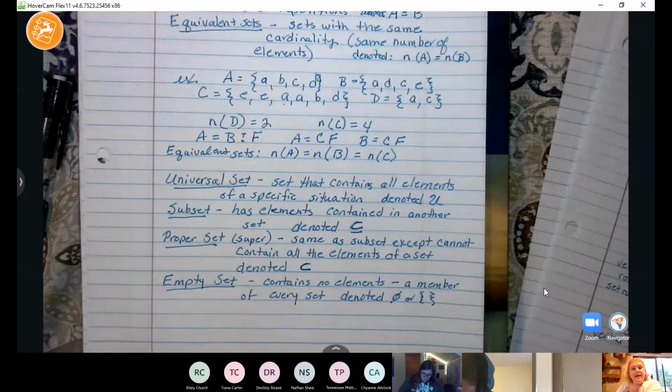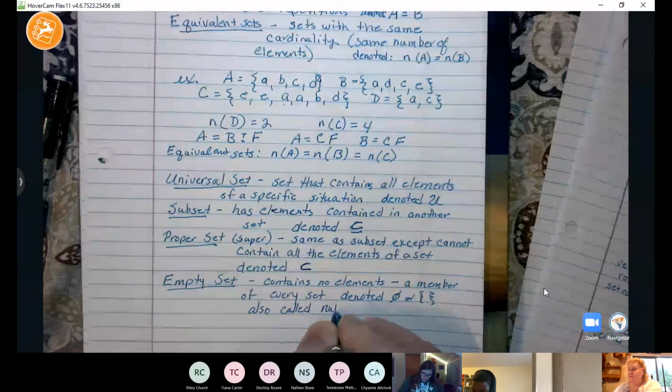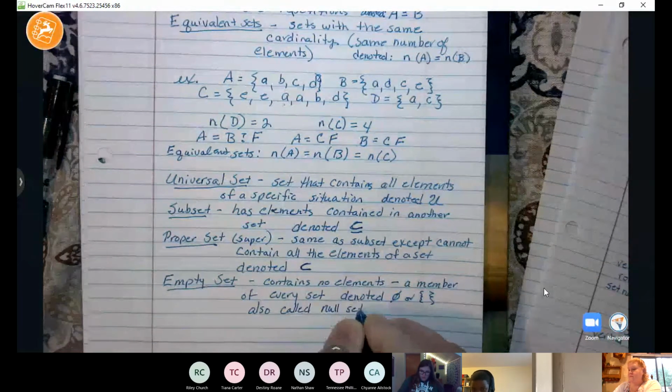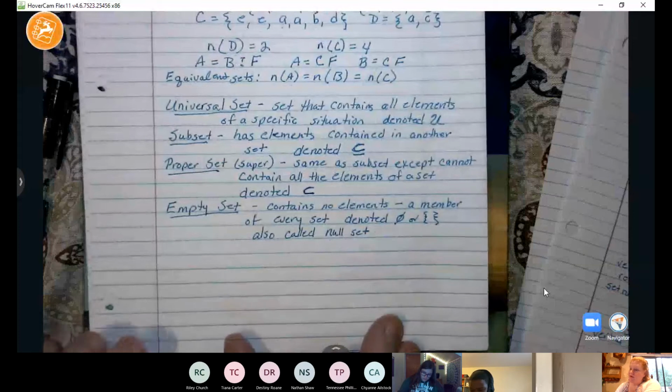Who remembers what's another name for the empty set? It's also called the null set. Okay, let's do a few examples here.